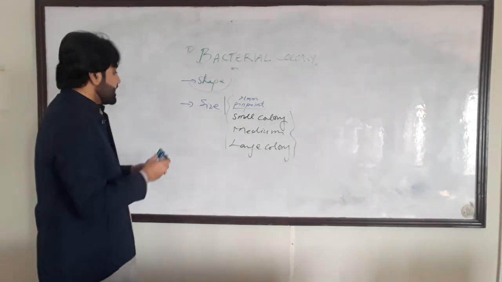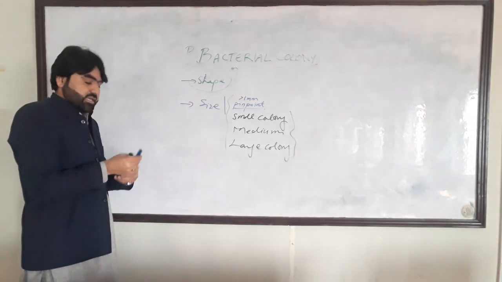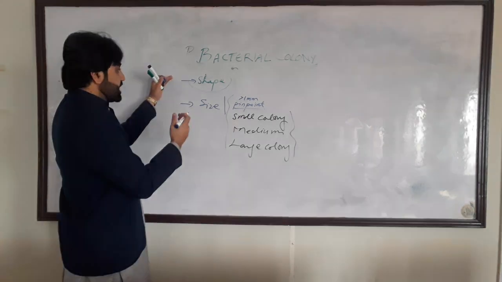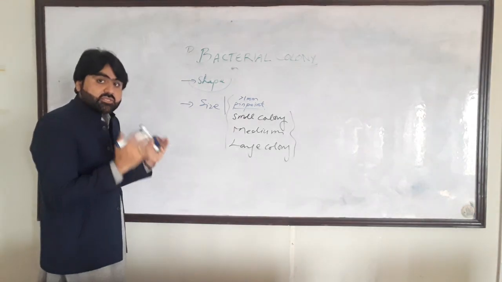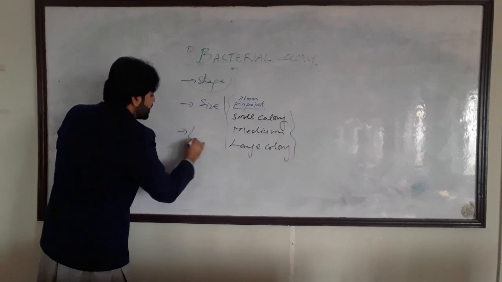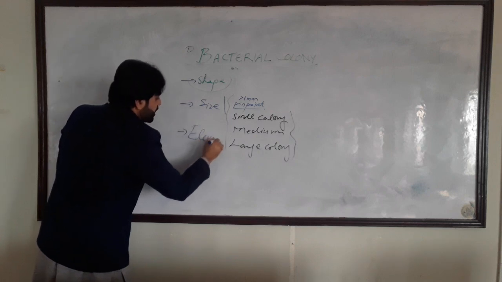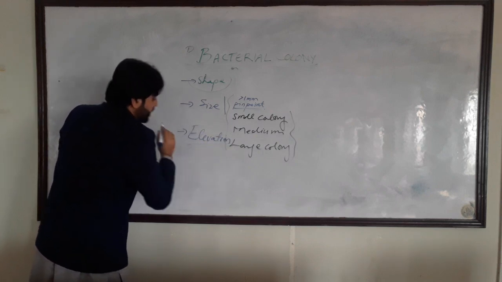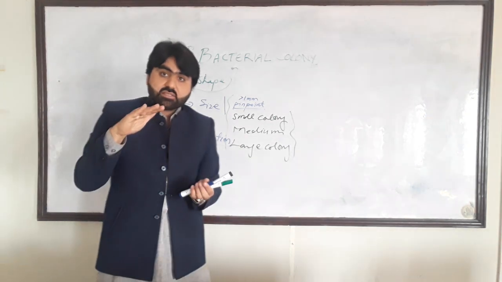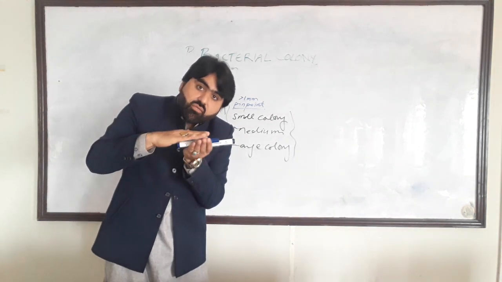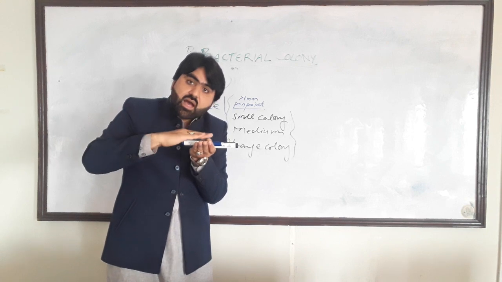Now, the elevation. In the third stage, after shape and size, you need to consider the elevation of the colony on the surface of the media. Elevation is actually the raising of the colony from the surface of the medium.